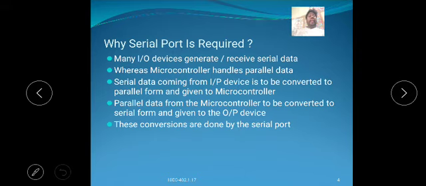The parallel data from the microcontroller is converted to serial form and given to the output device. These conversions are done by the serial port.